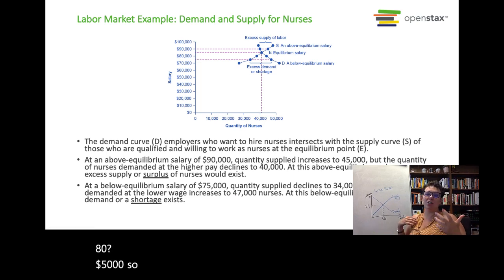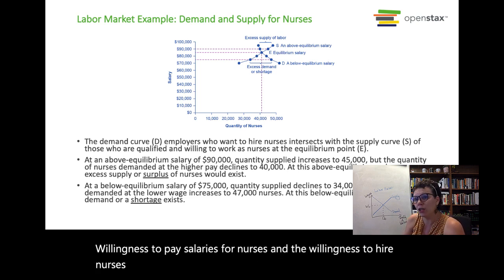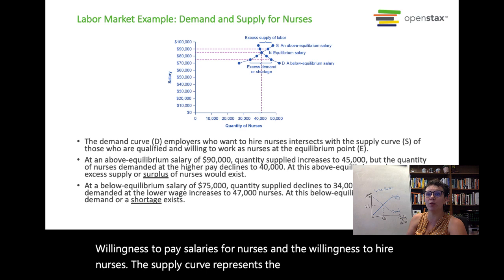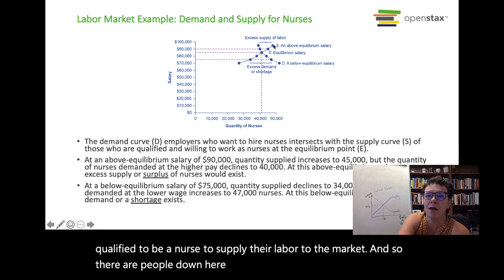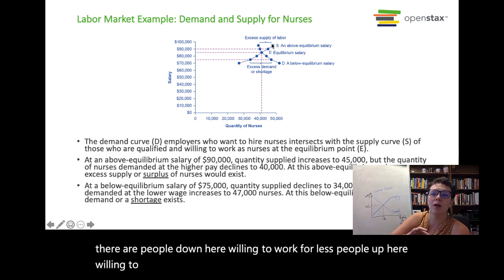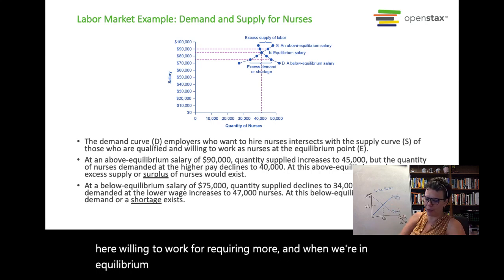So the demand curve represents the willingness to pay salaries for nurses and the willingness to hire nurses. The supply curve represents the willingness of people qualified to be a nurse to supply their labor to the market. And so there are people down here willing to work for less, people up here requiring more, and when we're in equilibrium, everything's fine.